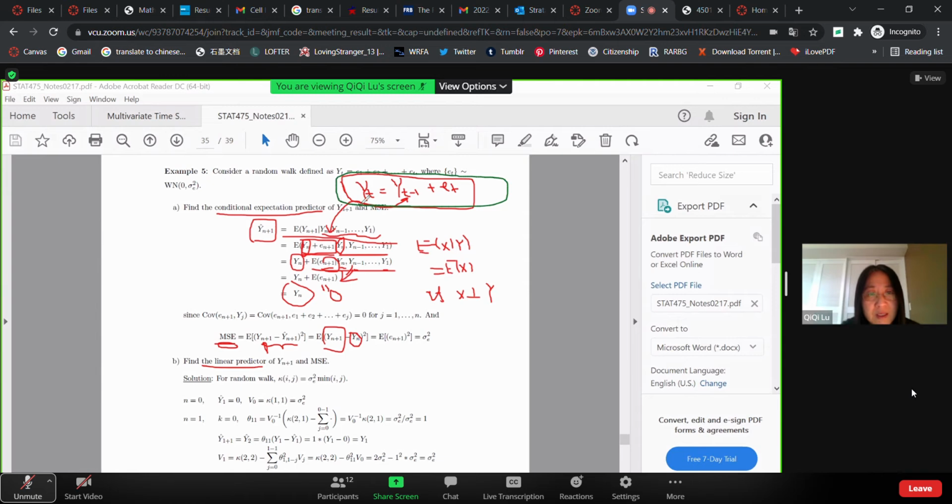By the definition of random walk, Y n plus 1 minus Y n is the noise at time n plus 1, and the noise variance is sigma e squared. So if you use the conditional expectation predictor for one step ahead, the prediction is just Y n, and the mean square error is the noise variance. Questions so far?